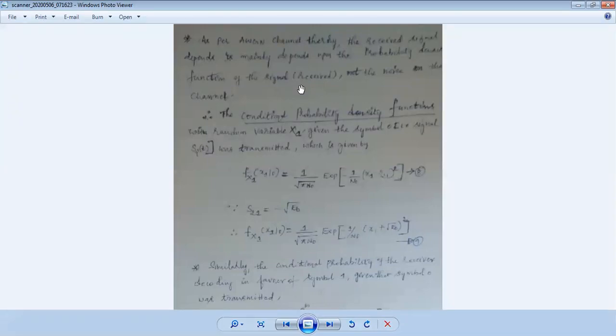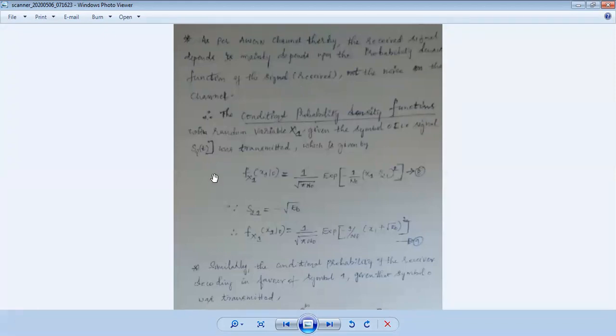But AWGN is beautiful, one which does not affect the signal as much as possible. That means it gives less energy and less noise as much as possible in the channel.